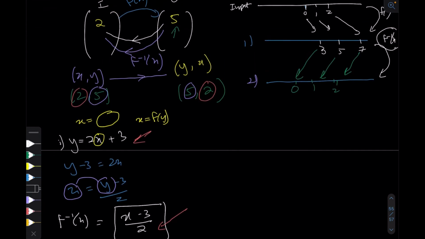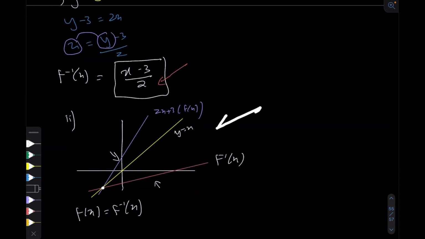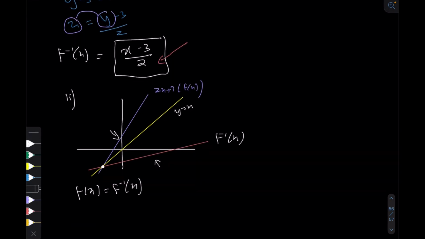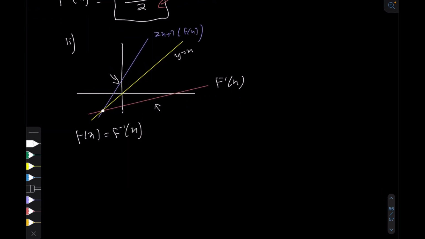I would like to talk a bit about why finding inverses like this makes sense, and why inverses being a reflection also makes sense. So if you're not interested, go ahead and pause right over here and maybe jump to the next video. But if you are, then let's talk about it.